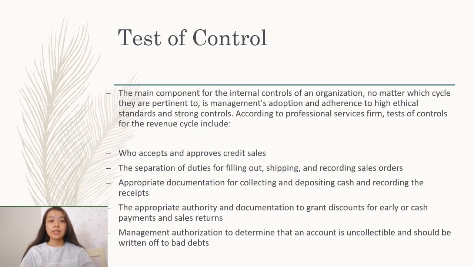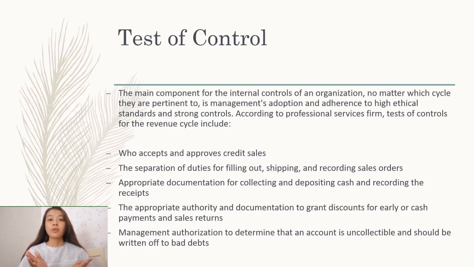Okay, what does it mean by test of control? Test of control is the main component of internal control of an organization, no matter which cycle they are pertinent to. It's the management adoption and adherence to high ethical standards and strong control.